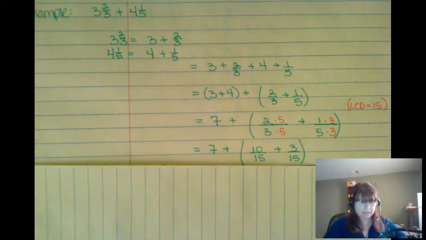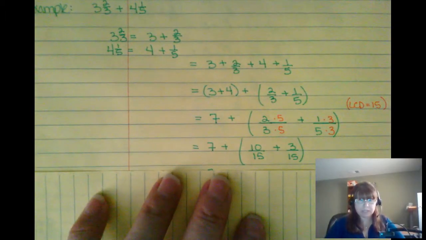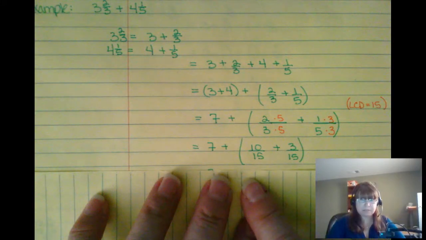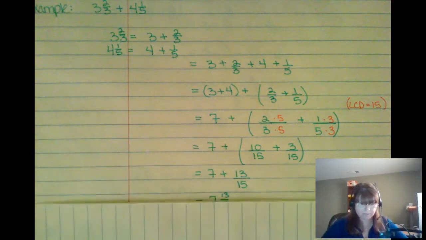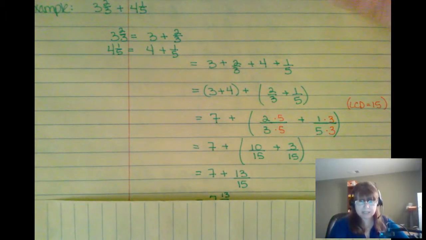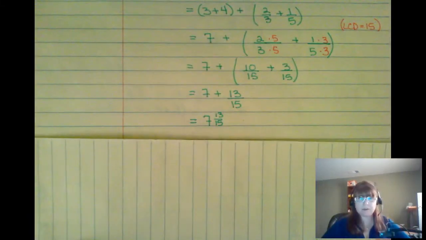That gives me 7 plus 10/15 plus 3/15. Well, now I can just add those fractions together, and I get 7 plus 13/15. And finally, I'm going to write it as a mixed number, 7 and 13/15.